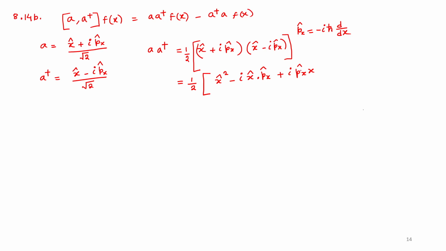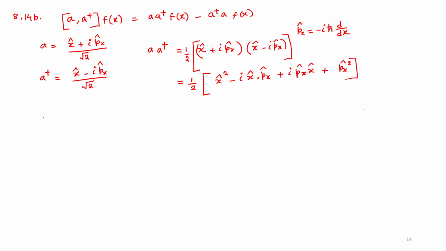But x and px do not commute here, actually. Then minus i square px square. Minus i square is actually minus 1, minus 1 times minus will be plus 1. So I will just erase this and write a a dagger. I hope you are following. So this is what we are going to do.